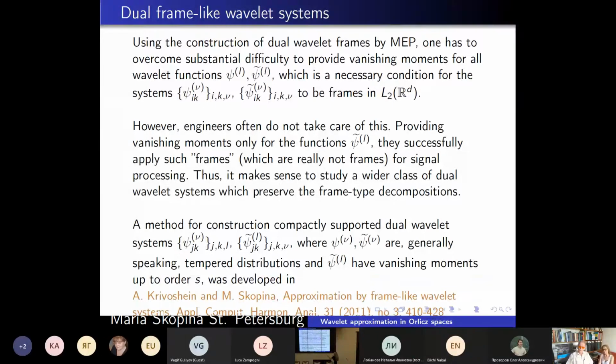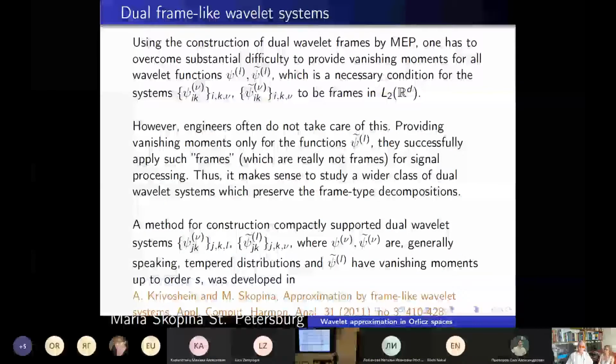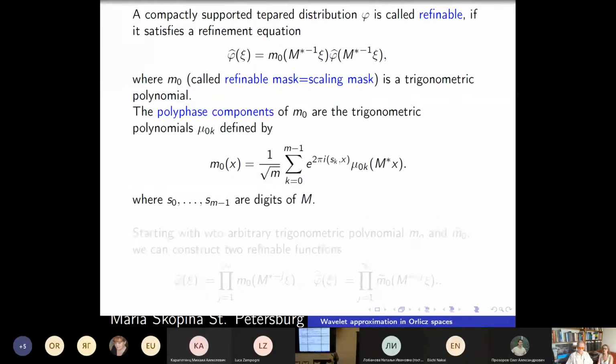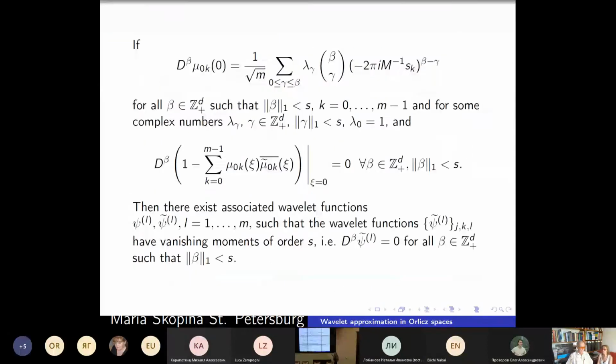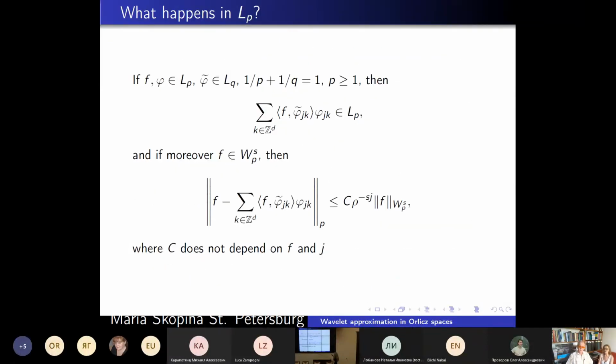Generally speaking, these are tempered distributions, but in concrete situations it may be in LP space, in Orlicz space, anywhere, and we can discuss. I miss all this; I have no time for the construction. So such a construction exists.